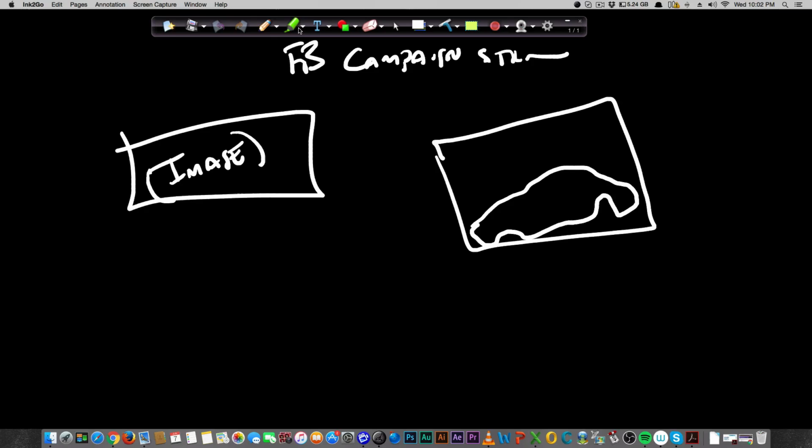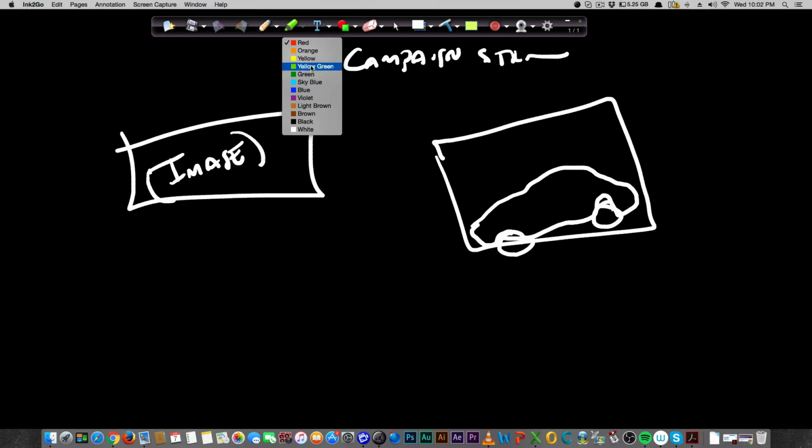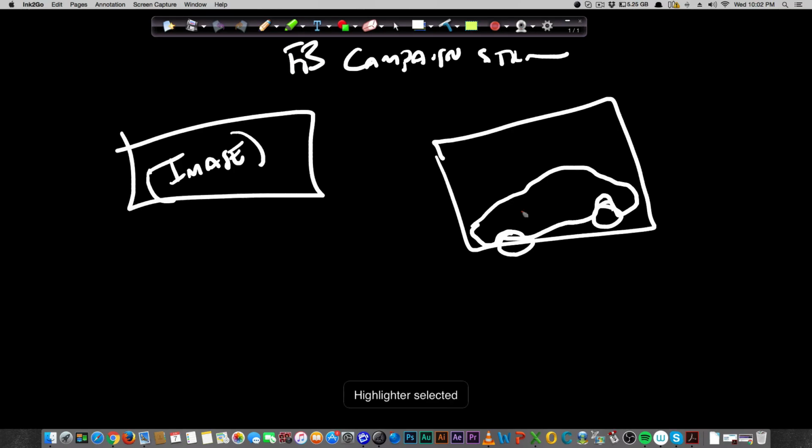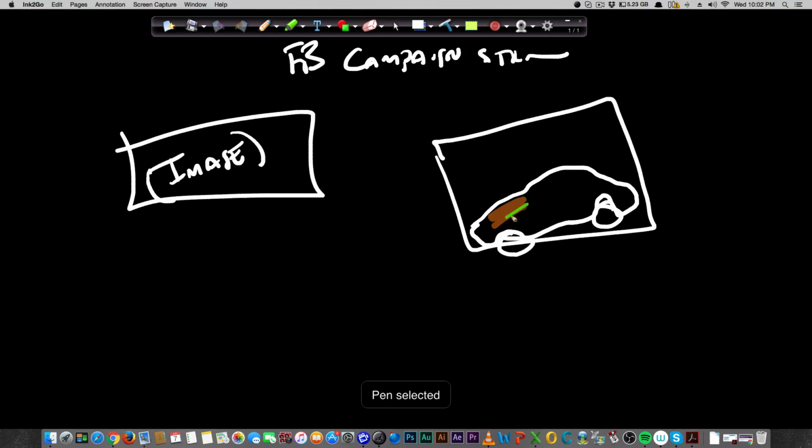That's my picture of a Lambo. Don't fucking laugh at my Lambo. Right? So now let's give it that awesome color. Oh, that's a shit color. We don't want that one. All right, so let's give it that awesome Lamborghini green, right?